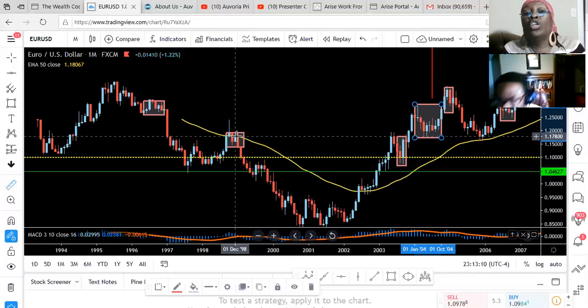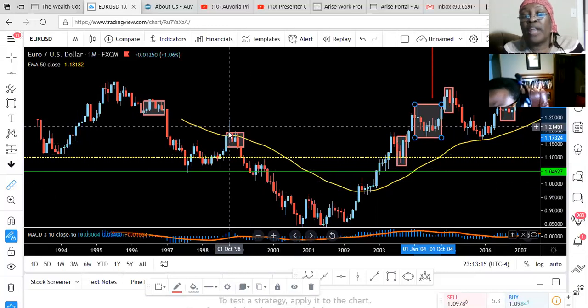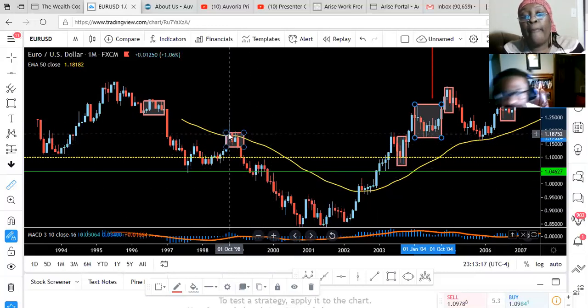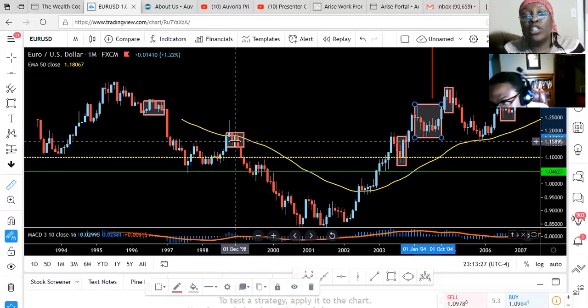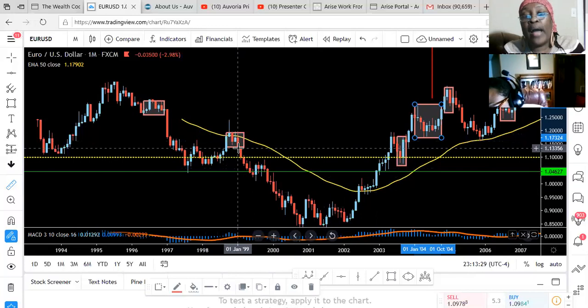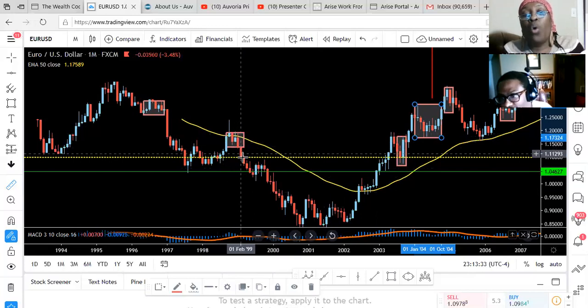Same thing applies for a bearish trend. You have lower highs and lower lows. Market is going down. So look at right here. You have a high right here. The next high, because your high is always represented by the bullish candle, is lower than that previous high. So you have lower highs and lower lows.